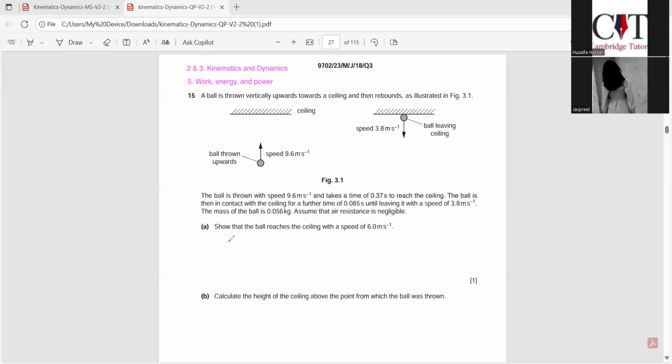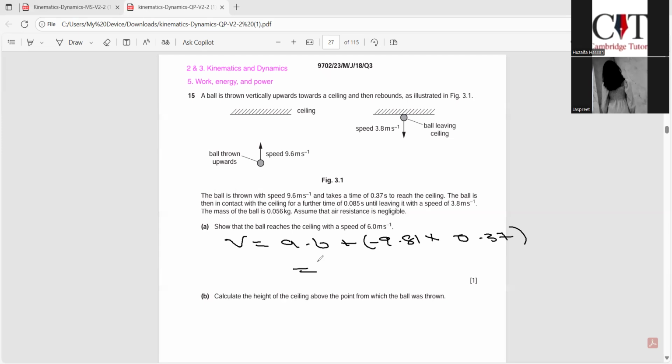Yeah, v equals u plus at. So we have to calculate v equals u, so 9.6 plus minus 9.81 into t, which is 0.37. Yes. Is it okay?